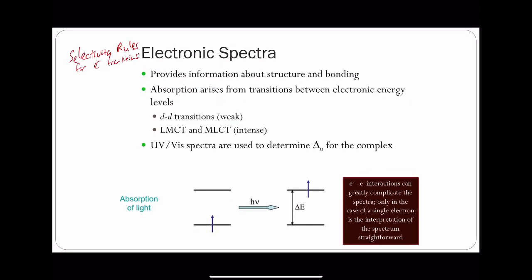So our selectivity rules for our electron transitions: first is that they have to be G to U transitions. In other words, that's G to U or U to G. In other words, there must be a change in symmetry with respect to inversion. This is referred to as the Laporte selection rule.